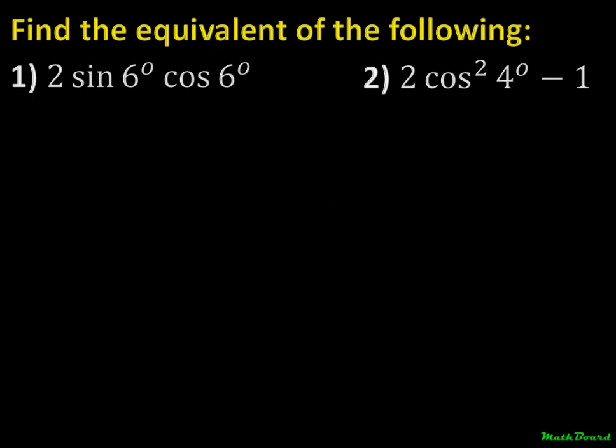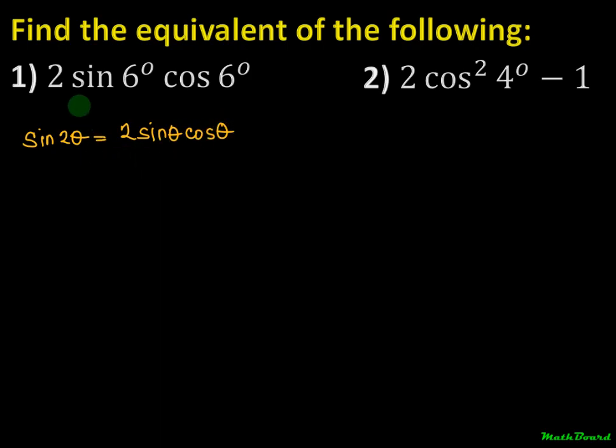Number 1, find the equivalent of the following: 2 sine 6 degrees, cosine 6 degrees. So makikita natin, this follows the formula from sine 2 theta, that sine 2 theta is just equal to 2 sine theta cosine theta.